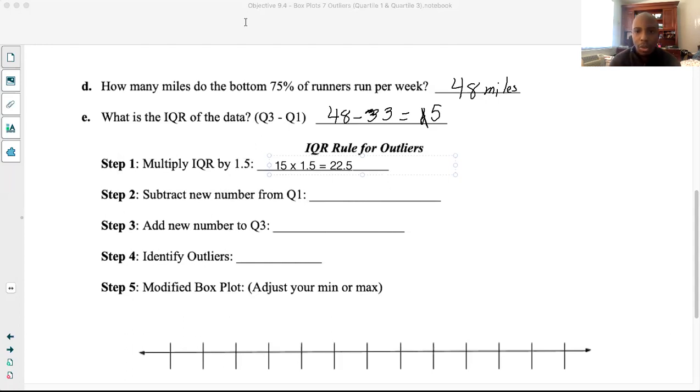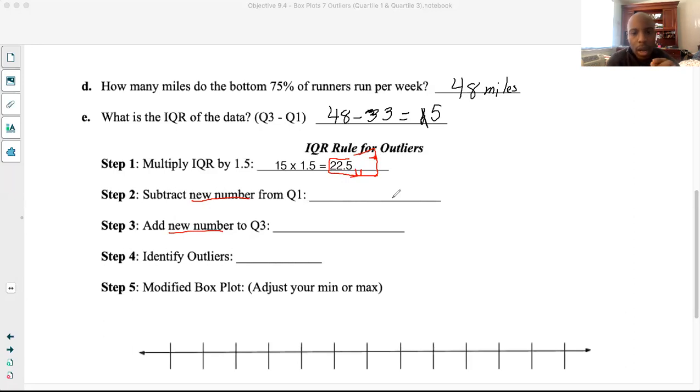When I refer to the new number later on, I'm really referring to this number we just created.